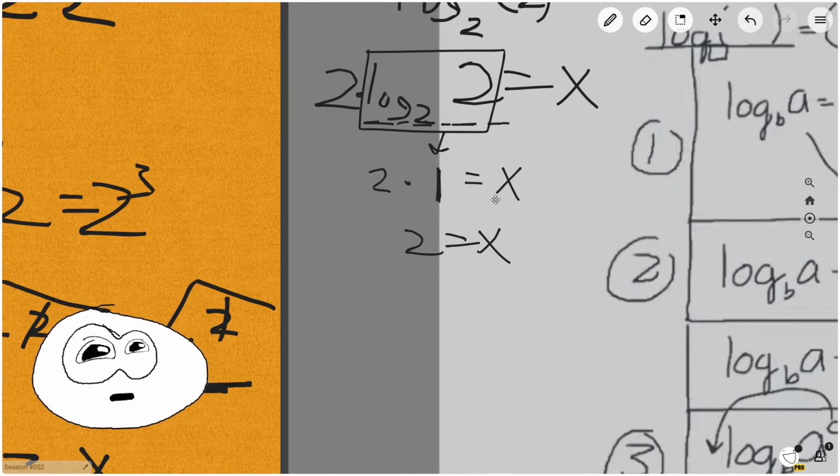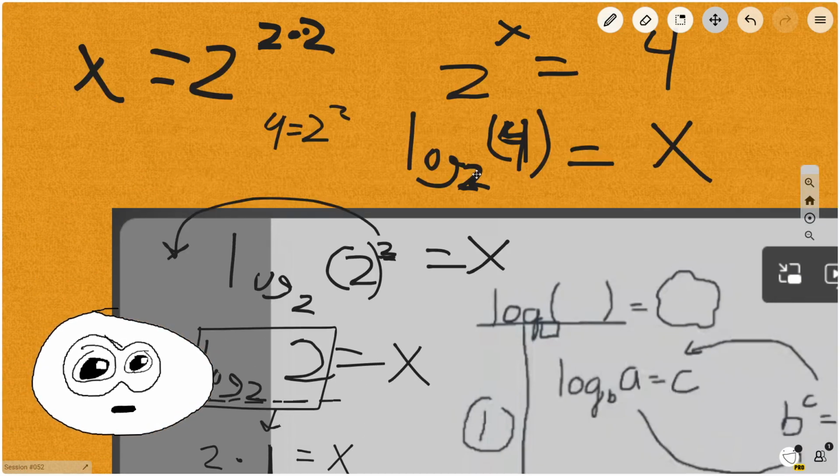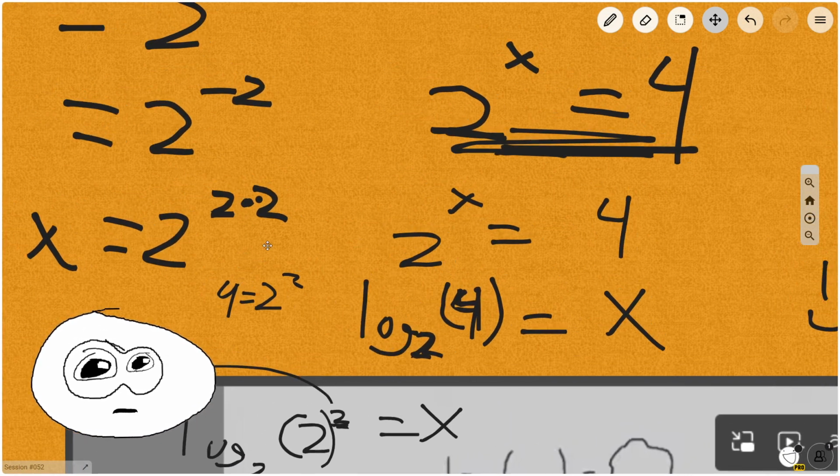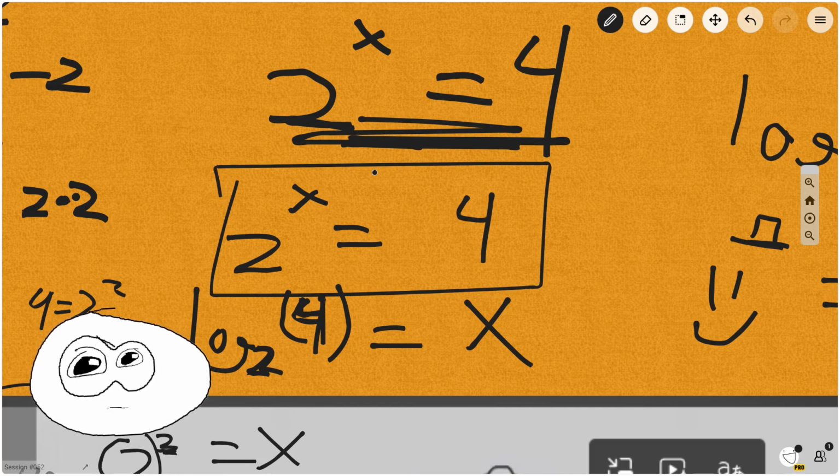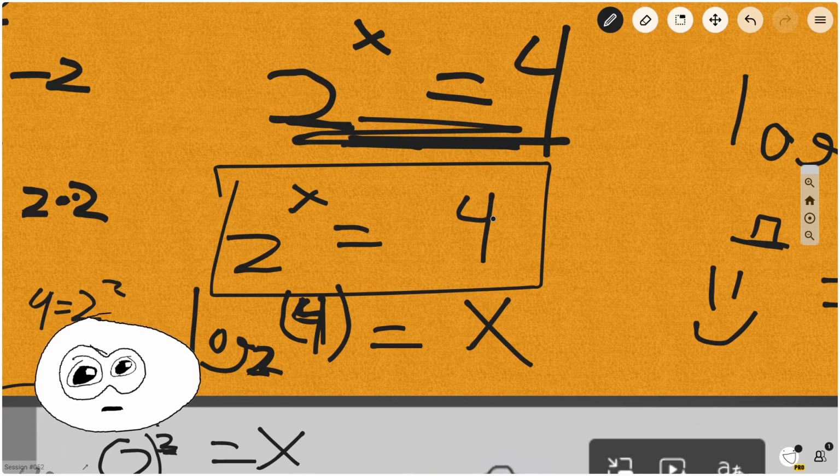Now, again, that could have been very obvious looking at it. If we just were to start from here and say, oh yeah, it's probably just 2. If we just break it apart, 2 to the power of 2 is 4.